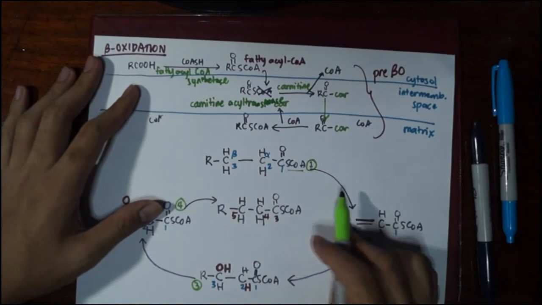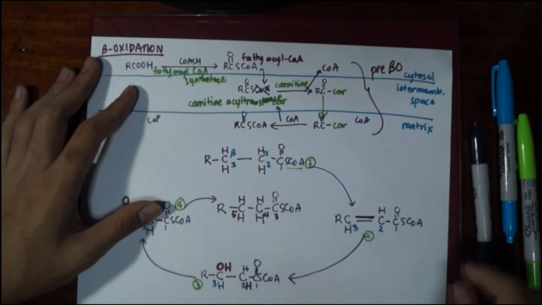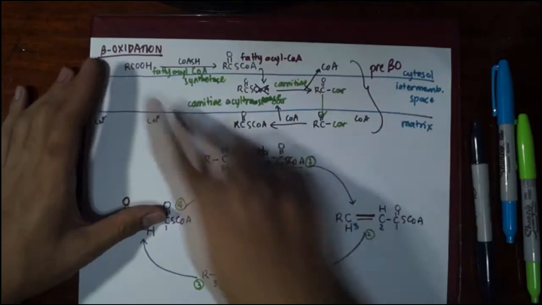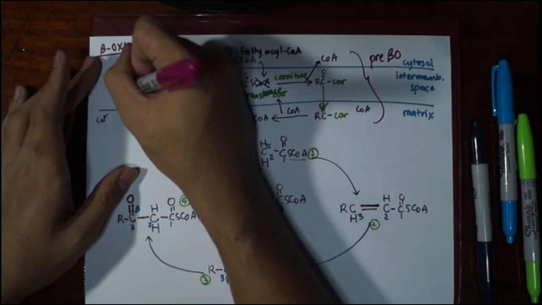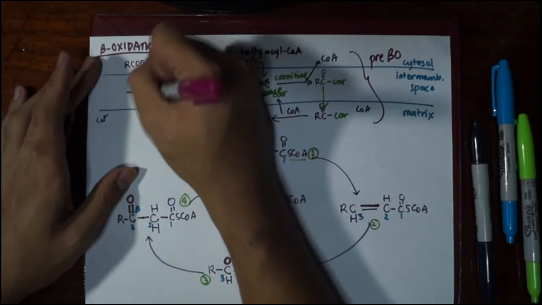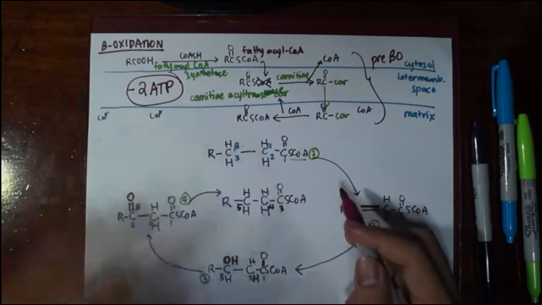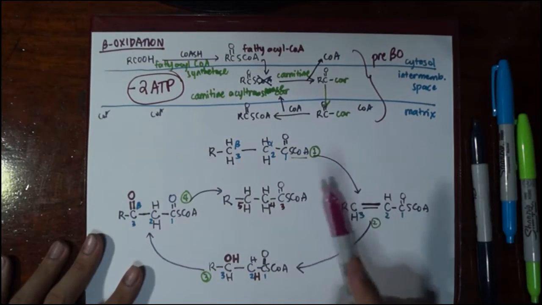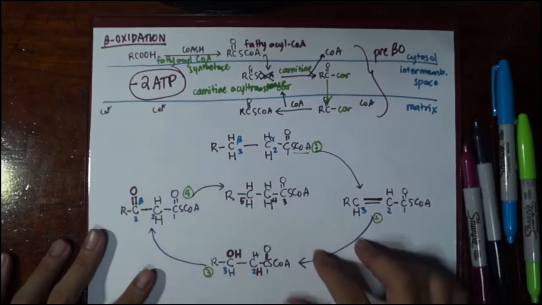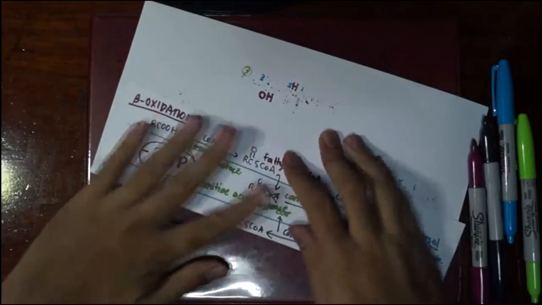When you're going to talk about energetics here, the entire series of steps did not produce, they consumed 2 ATP. So for every beta oxidation, before it happens, you invest 2 ATP, just like the initial phase of glycolysis. And now we go to the actual oxidation part, or the cycle, which consists of 4 steps.